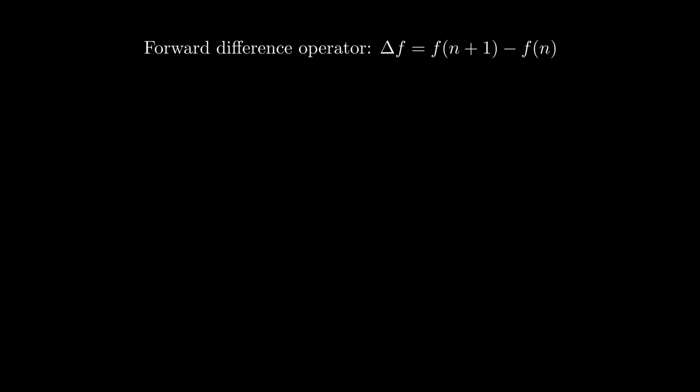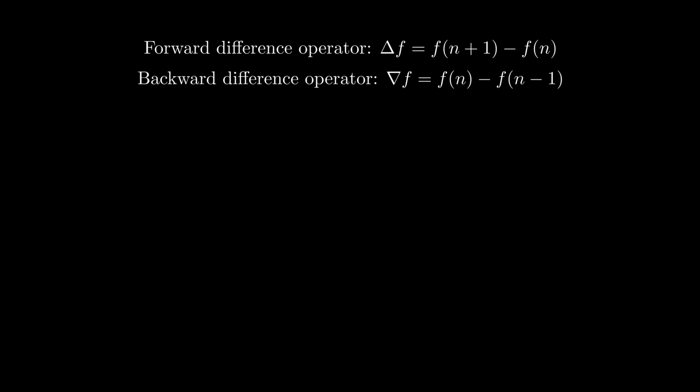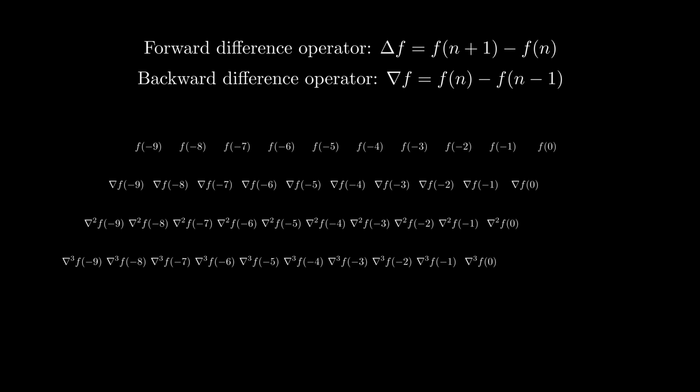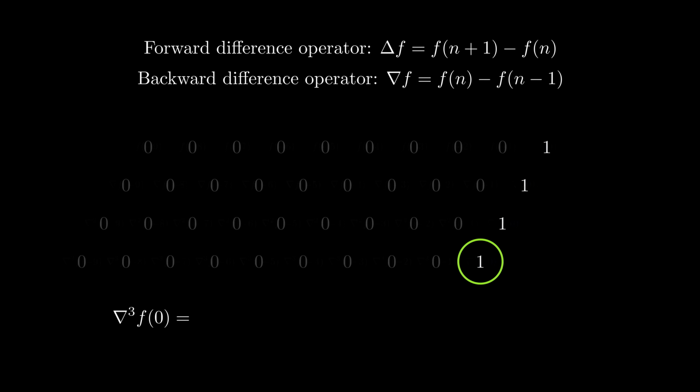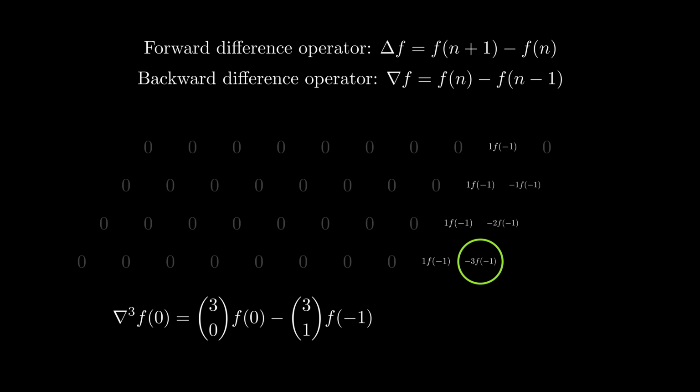All this time, we have been calling this the forward Newton series because we've been using the forward difference operator. There is also a backward Newton series using the backward difference operator as well. We can use the same techniques to derive the dark side of the Gregory-Newton formula, and then extend it infinitely. We use the same method of seeding the top row to find a formula for the diagonal coefficients.